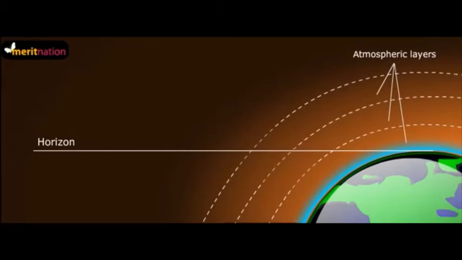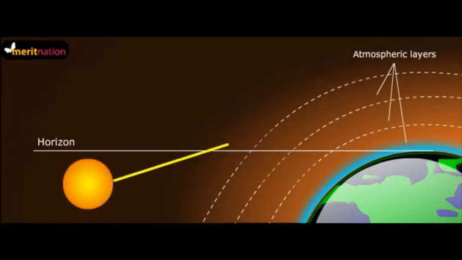So, just before sunrise, before the sun reaches the horizon, the sunlight enters obliquely into the atmosphere. It gets refracted through the atmospheric layers. Now, this refraction causes the light rays to bend. So, the sunlight actually reaches the Earth's surface in a curved path.